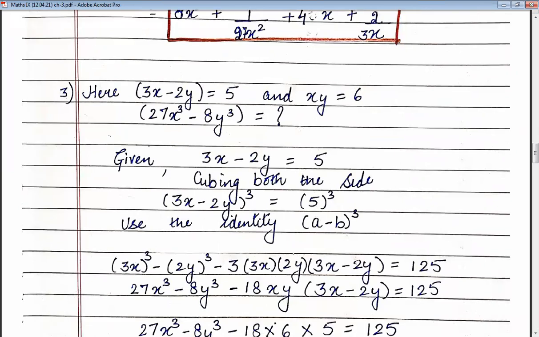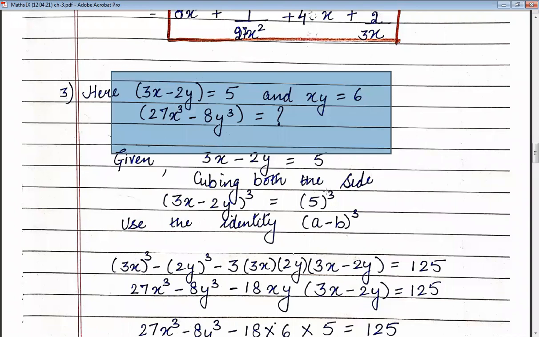Okay, children. Now, next one is your third one, that is 3x minus 2y is equal to 5 and xy is equal to 6. Here you have to find 27x cube minus 8y cube. Now children, can you figure out what you have to do?